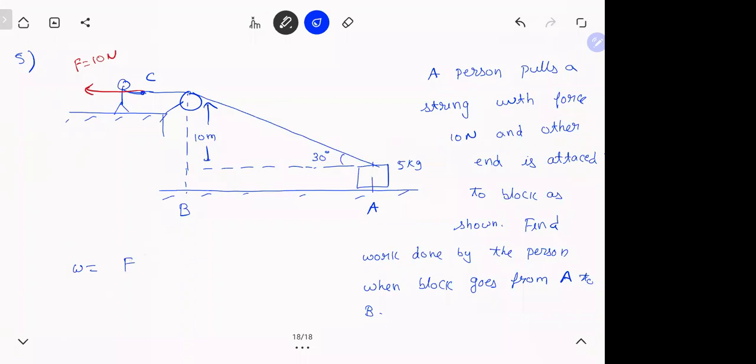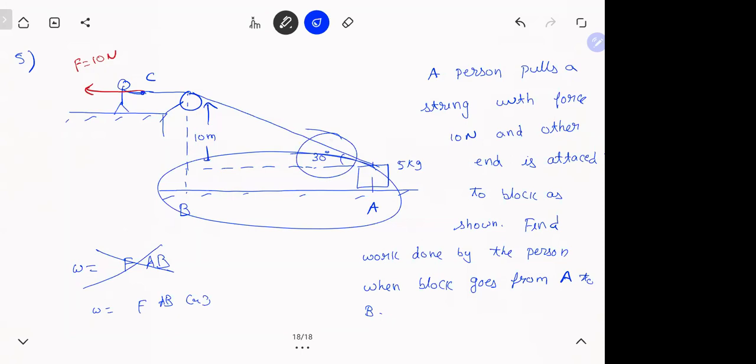Their work done is force into this displacement AB. Wrong. Some people do this thing. They'll write force into displacement into cos 30 because this 30 degrees is there. That is also wrong. First of all, when you write work done, what is the definition again? Always go to the definition. Force into displacement of point of application of force.